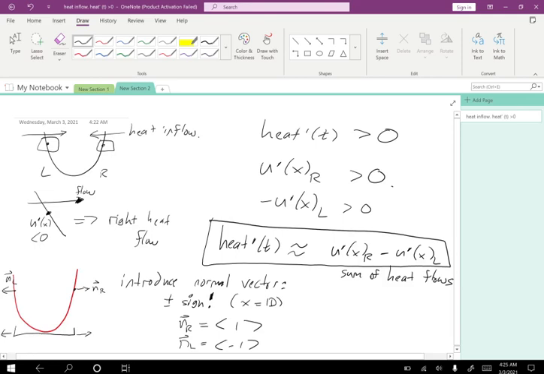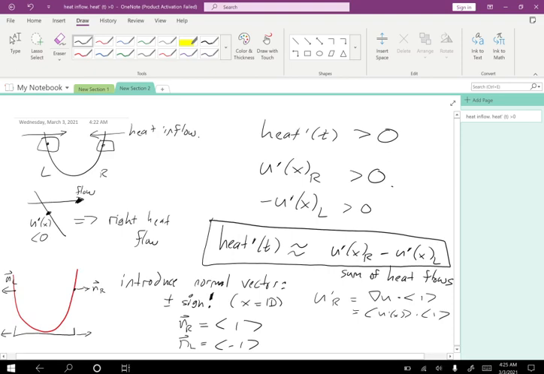So actually U prime at the right is equal to the gradient of U dotted with a plus sign, because the gradient of U is just U prime of x, the single component there is.